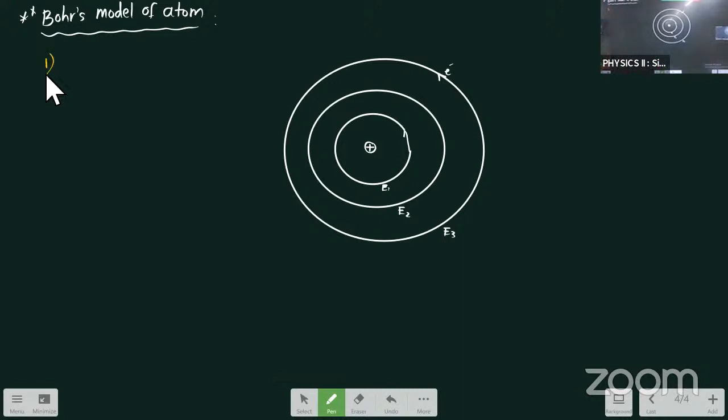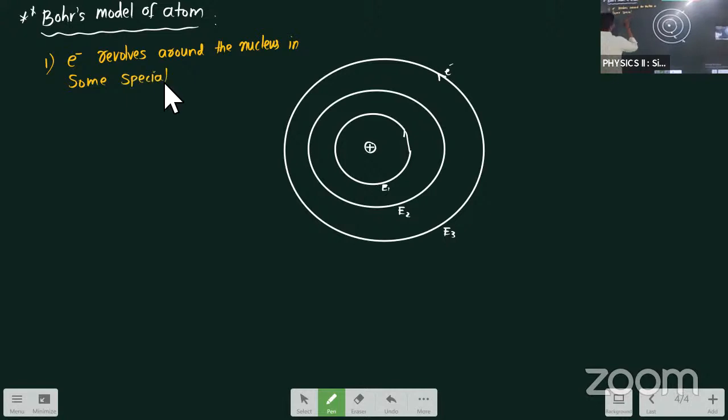The first postulate of Bohr's model: an electron revolves around the nucleus in some special circular orbits, known as stationary orbits. What is the specialty of this stationary orbit?